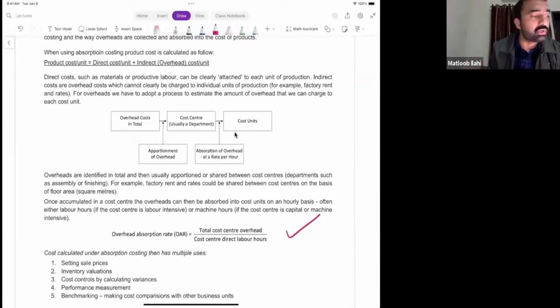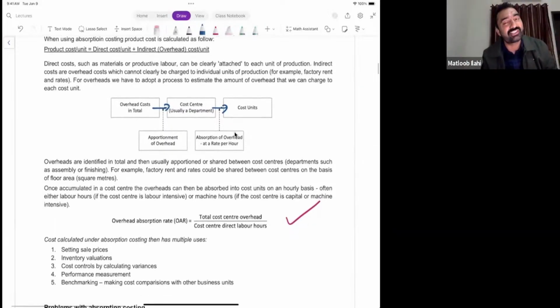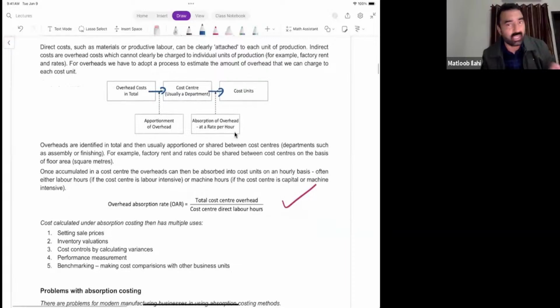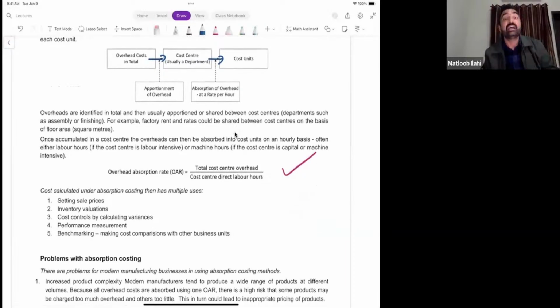Under traditional absorption costing, overheads were absorbed to cost centers, and from the cost centers, overheads were absorbed to cost units. But under ABC, overheads are charged to activities, not cost centers or departments. I hope you have understood this one.